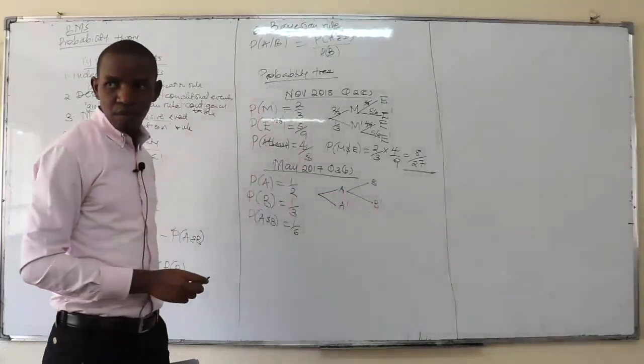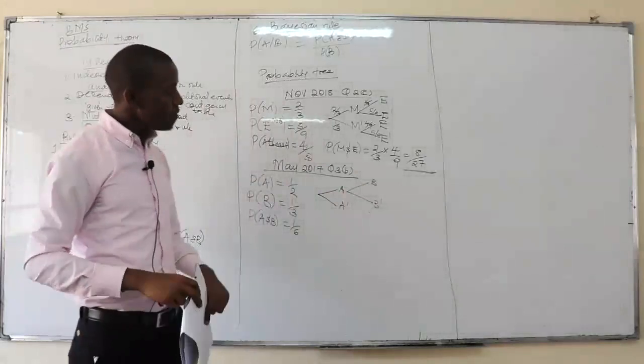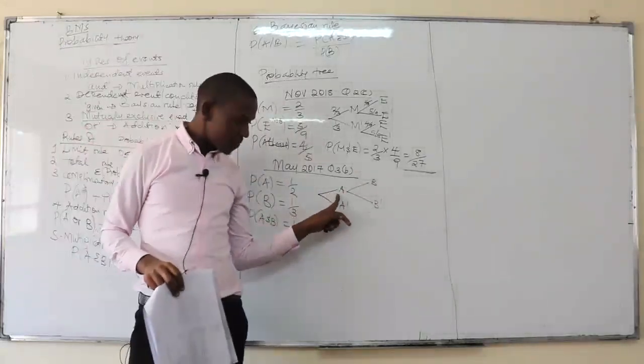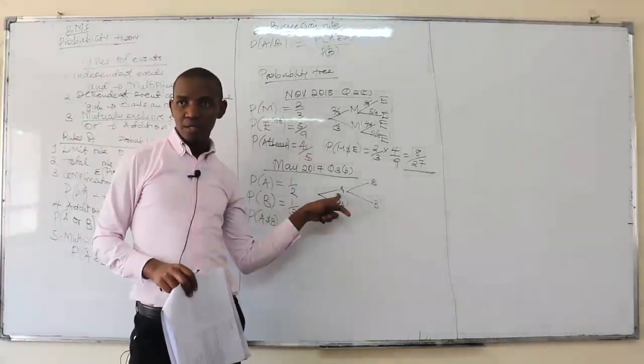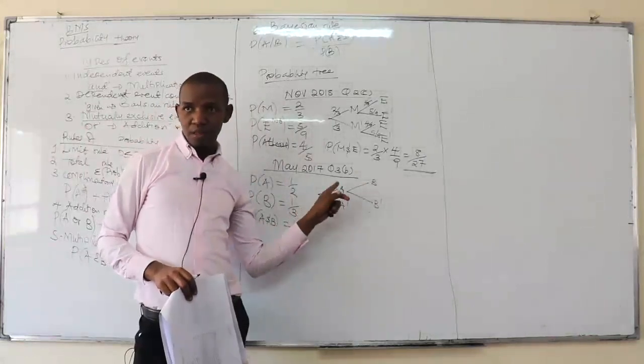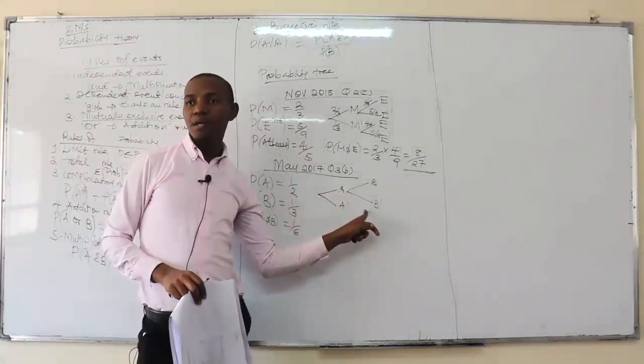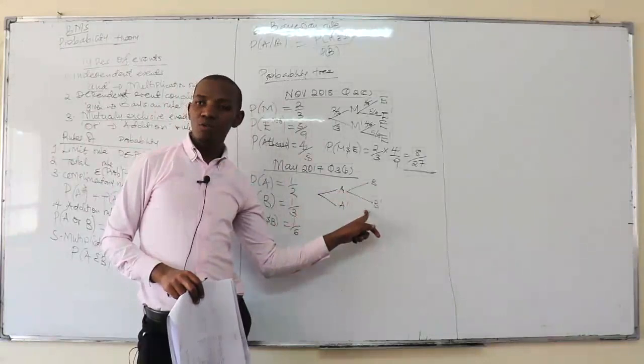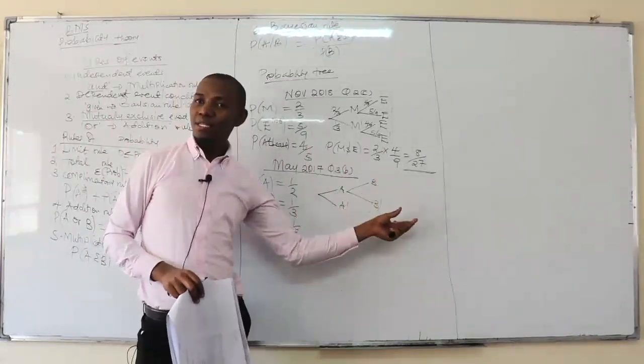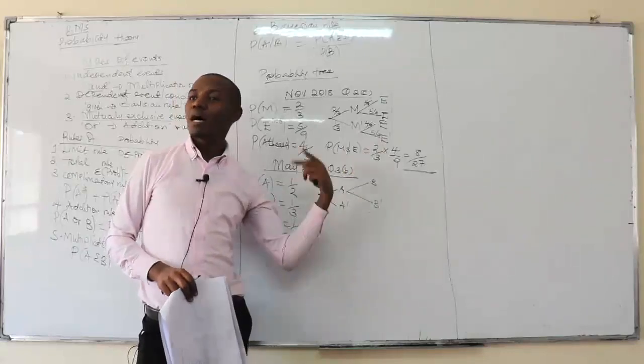Are we together? It means if they play the first game, there is one who will win. The second game, there is also another one who is going to win the game. The third game is either a win or a tie.